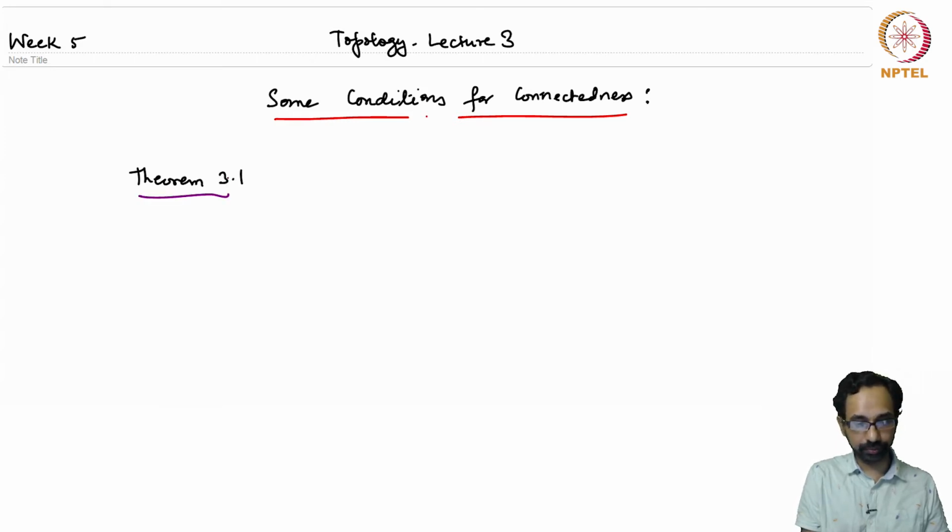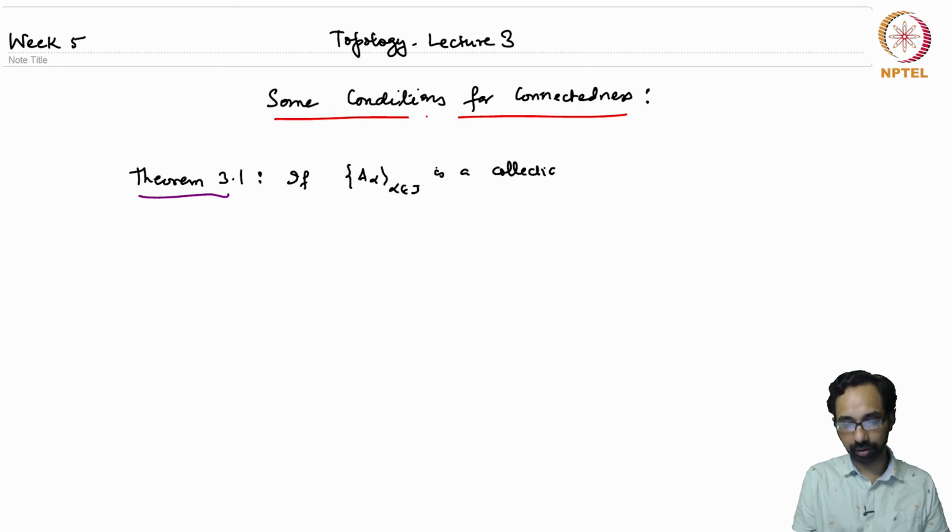So this theorem says that if A alpha, alpha in J, is a collection of connected subspaces of a topological space.